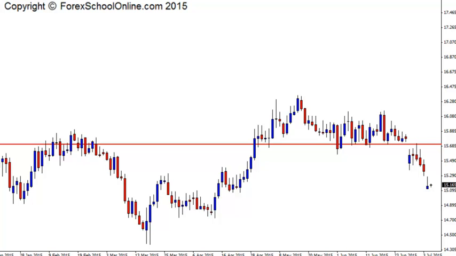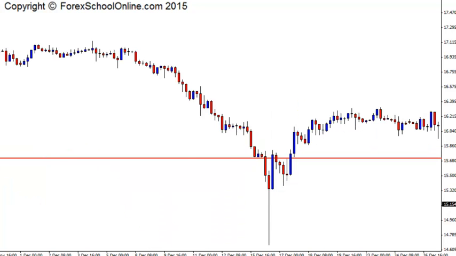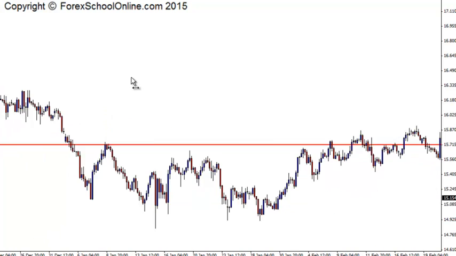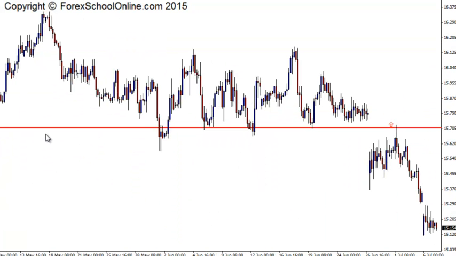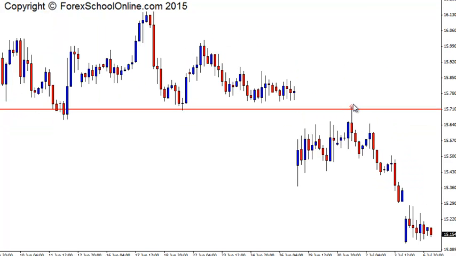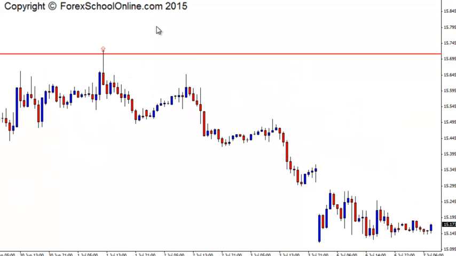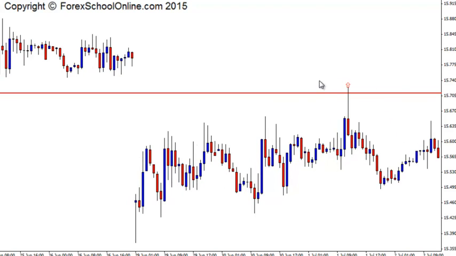If I mark this up so we can go to the smaller time frame, if I put a down arrow at this exact area and we move to the 4 hour, we can see that this was a very highly relevant area. If I move to the 1 hour, we can start to see that price was rejecting this area, and it was very relevant.